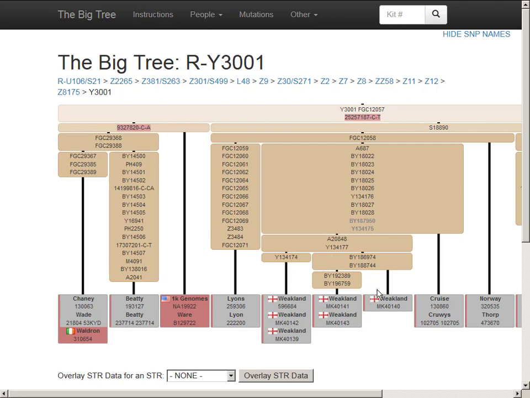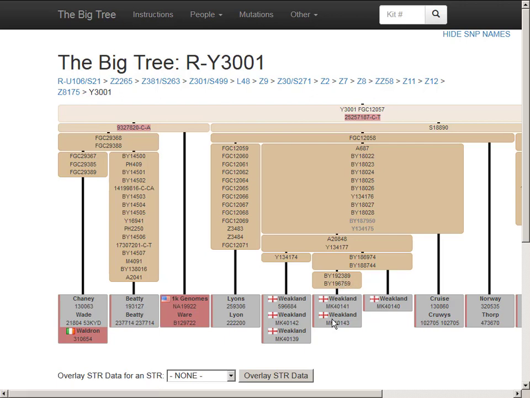The same thing over here. These three all have 186974 and 188744 mutations. The other three Weaklands don't. So these two mutations almost certainly first occurred in probably two different men with the Weakland surname, maybe in the same man. And again, there's two more down here that must have first occurred in a man with the Weakland surname.